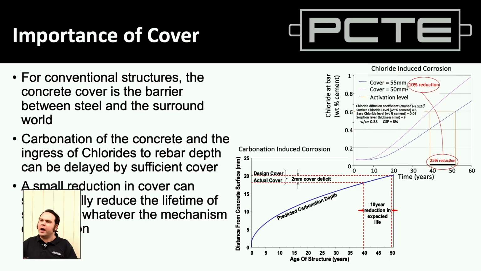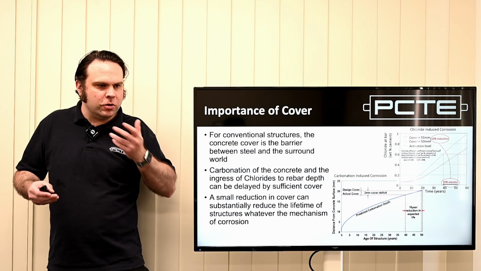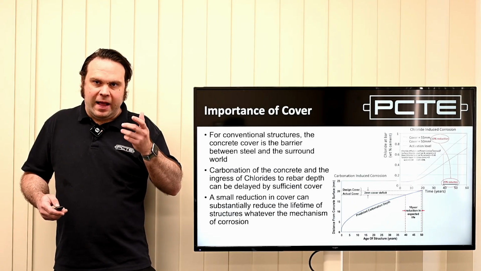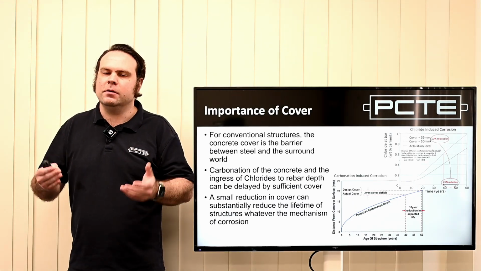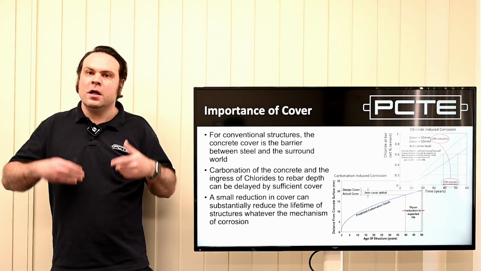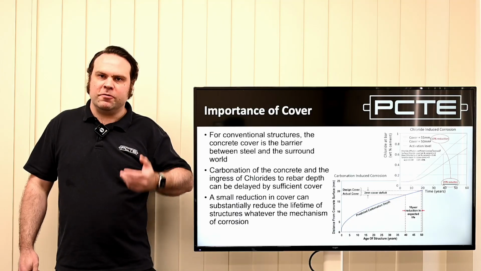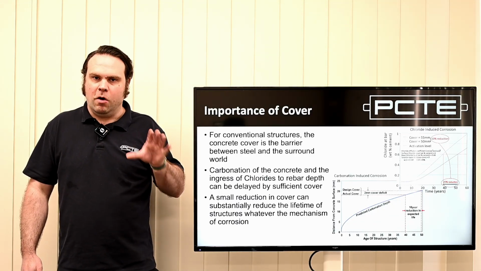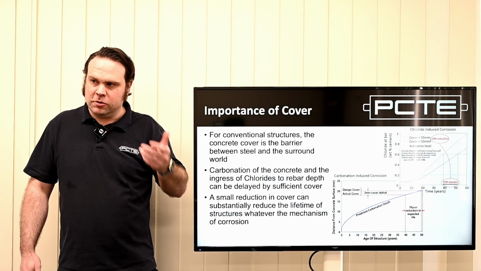First question, why do we measure cover? Why is cover such an important thing to address as an engineer or a structural inspector or someone doing QA? It's because the durability of the structure is very heavily controlled by the cover depths of the reinforcing.